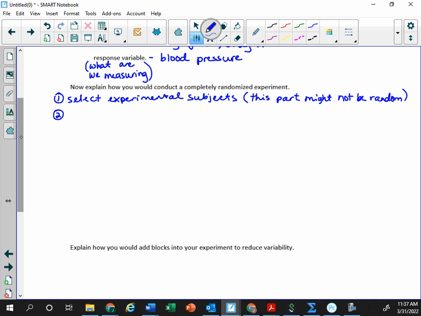But what do we need to know about these people before we start giving them any sort of medication or juice? Yes, we want to get a baseline measurement. So we're going to measure the variable, which in this case is blood pressure. We need a baseline.